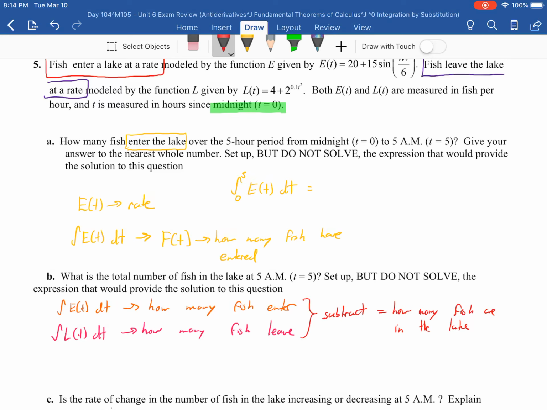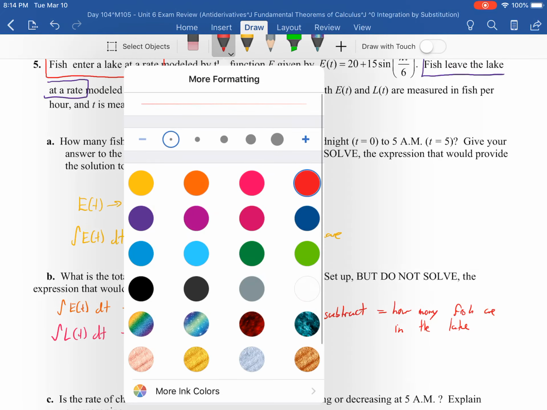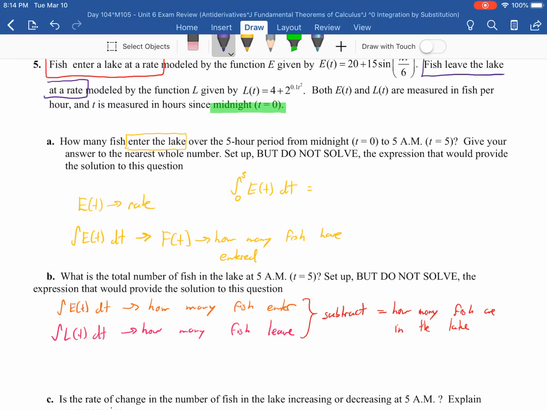So if we're just taking the difference between these two expressions, our answer is just going to be the integral of e of t minus L of t. And that's going to be your setup. And we're still going to do it from 0 to 5. And that is how you would get credit for a question like this.